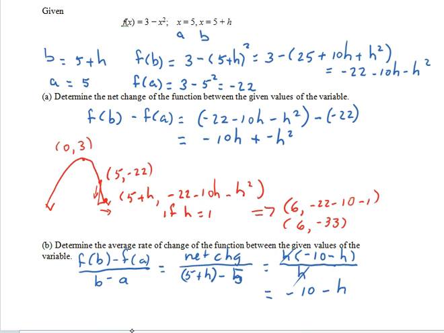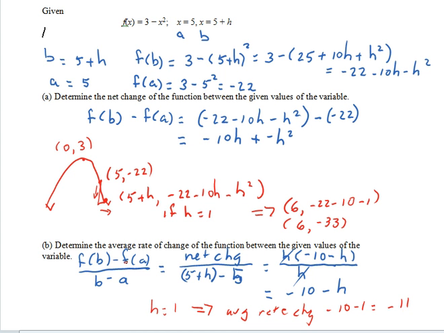If I put in the value h equals 1 in my average rate of change, we'd get negative 10 minus 1, which would be negative 11.